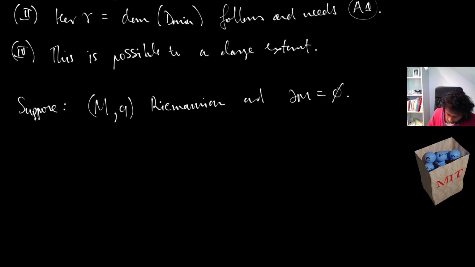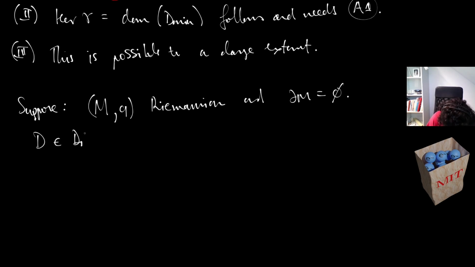Then it's a very important result of Chernoff's. This is a particular case of a theorem of Chernoff. So D is first order, so we need to assume that D is a symmetric first order operator, right?